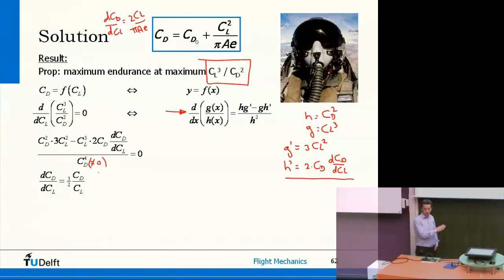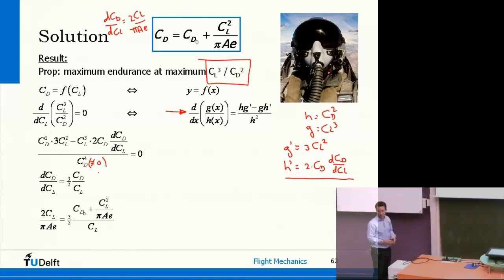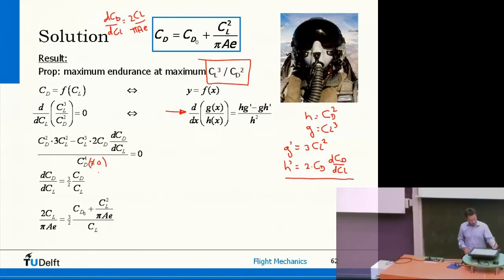So it's basically the same steps as before. And if you write it out, you obtain the following. This time you get the factor of 3 over 2, but it should be familiar by now. All you end up with is again an equation for CL, which is 3CD0 by AE.